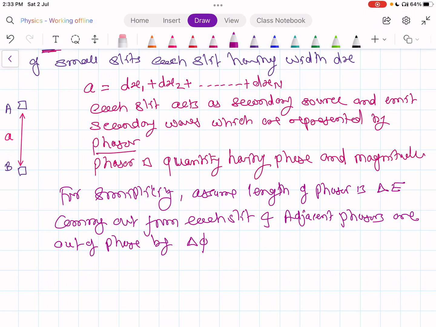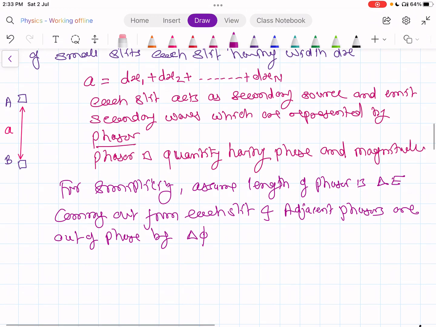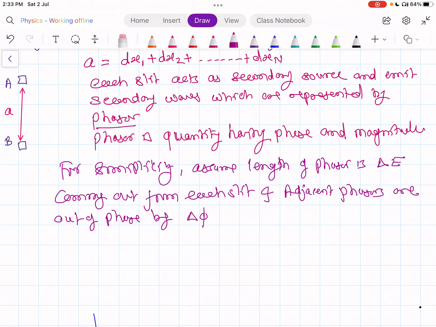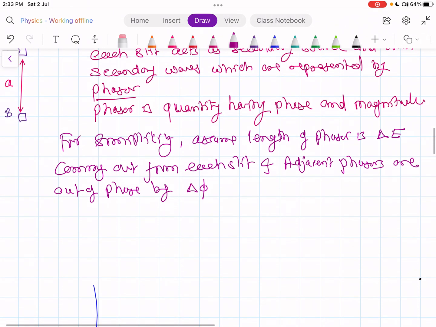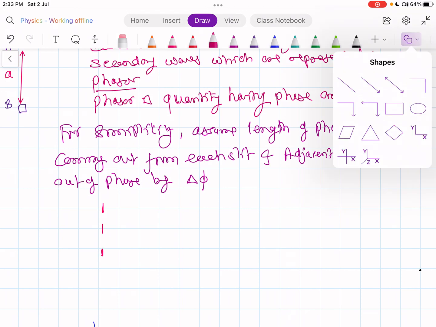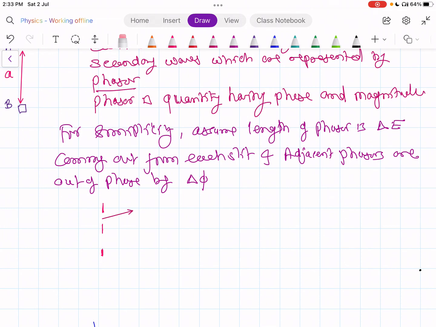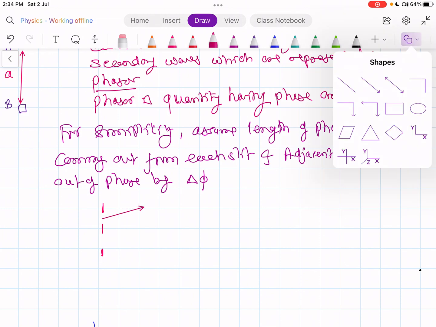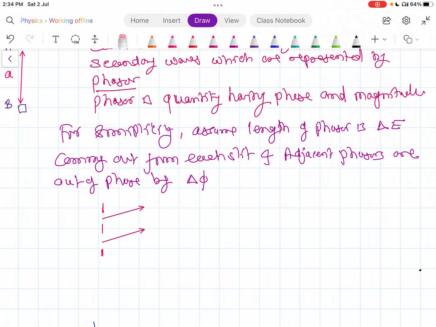Then let us find out the path difference between the adjacent phasors. For that, let us consider two slits. Let us say this is slit 1 and this is slit 2. Each slit emits one phasor from the center of the slit, one phasor in each direction.